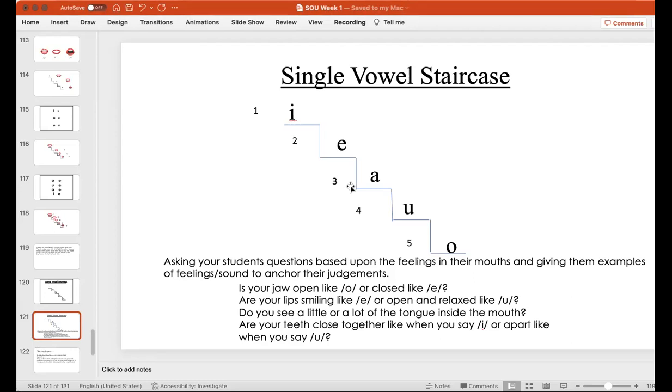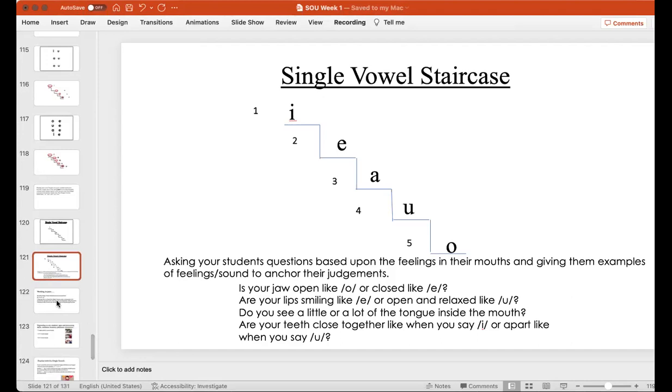And the other thing that's really critical, in your Moodle, there is a link to a video in which Holly Lane pronounces all of the consonants and all of the vowels. If you have a question about the pronunciation of any of those, because we're the model for our students, look at that video. There's also an MP3 file that has the different sounds and the pronunciation.